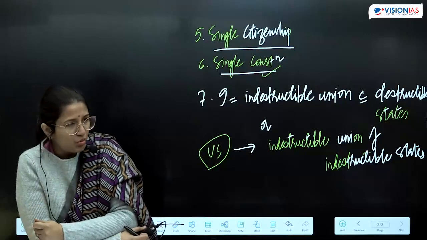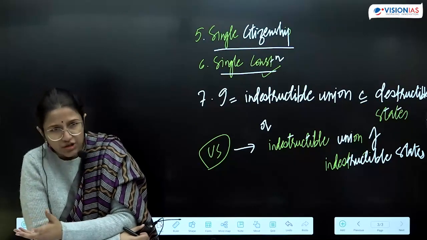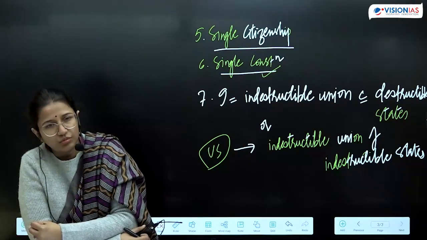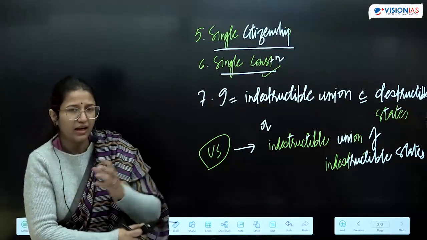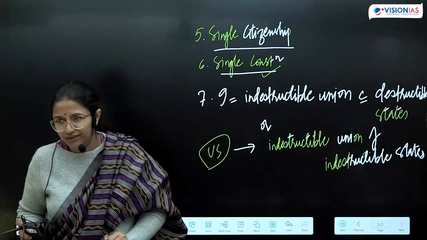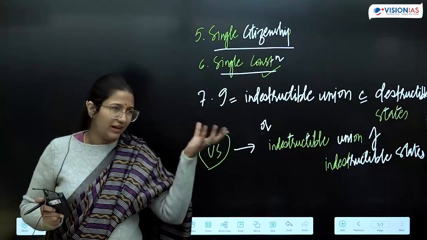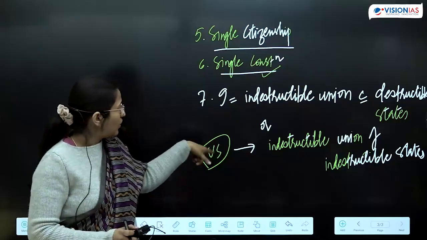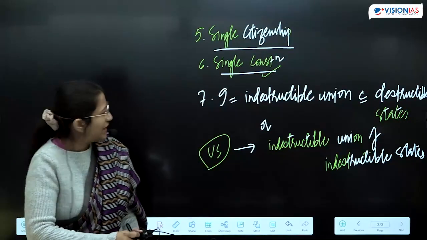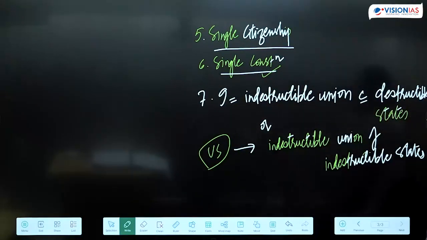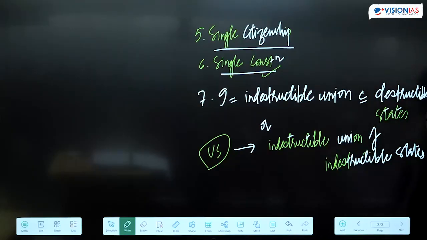The 13 American colonies who had got independence from the British came together and said, let us form the United States of America. So they said, when they are coming together themselves, they would not be ready to compromise their territorial integrity. Yes, that is the reason. How the Indian federation was created and how the US federation was created tells us why this difference between the two, why India is an indestructible union with destructible states, and why the US is an indestructible union of indestructible states. Fine. Let us write it down now.